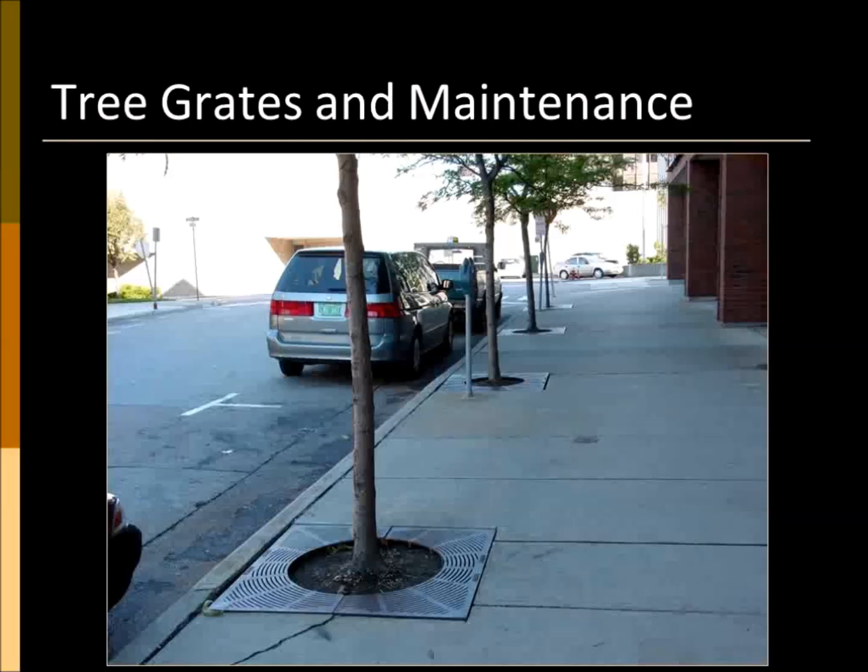So I just wanted to highlight the importance of maintaining these tree grates once they're in, because I've been into communities and seen the trunks growing right out over the grates, and the upright guards, which are already taken off these trees, have seen the actual tree trunk growing around the guards.